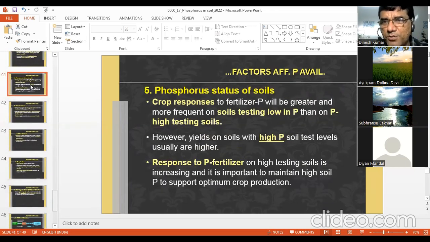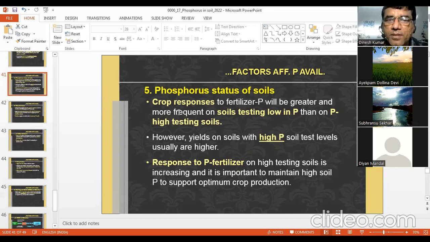Phosphorus status of the soil also affects the fixation or availability of the phosphorus. Crop responses to fertilizer P will be greater and more frequent on soils testing low in P. Means if your soils are by default having low phosphorus and then you apply phosphorus from outside, so response will be much higher in case your soils are low. But if your soils are high in phosphorus, their response to P application will be less.